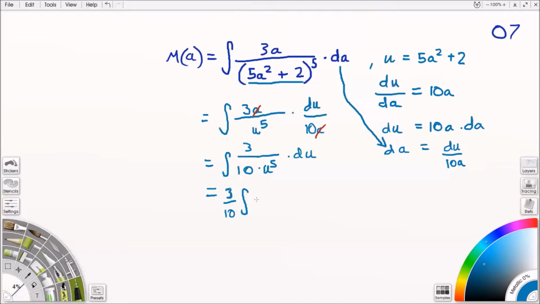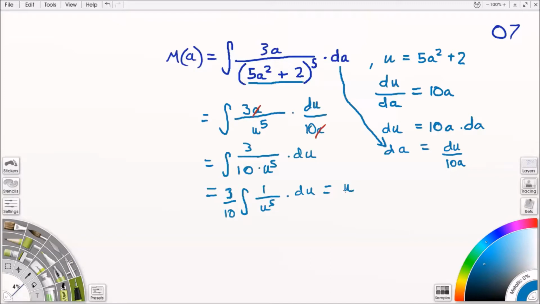3 and 10, no, I don't think they do. And then that makes this u^5 du. Now we're ready to integrate this. Actually, no. I'm going to take it one step further and get rid of this fraction by making this a -5.